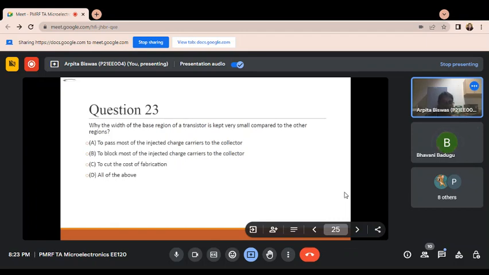Am I right, ma'am? Yes. No, ma'am, actually I'm clear about that, but I'm asking, when we apply reverse bias across the collector and base junction, reverse bias means the negative charge will accumulate on one end of the collector and positive charge will accumulate on the other end, right? Just a minute, it's simple.